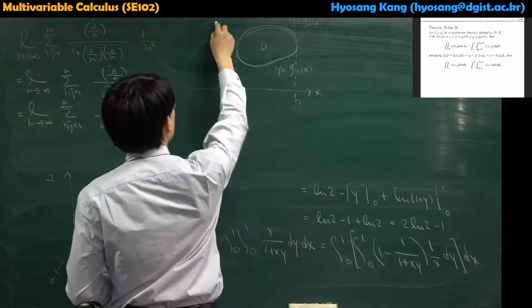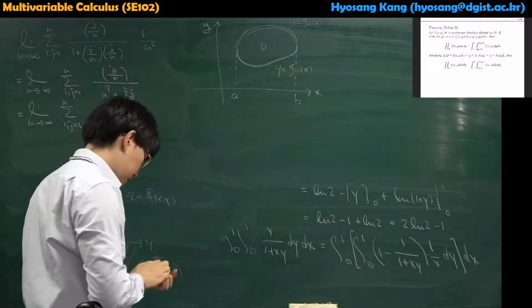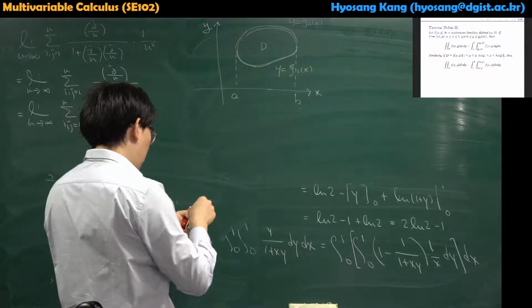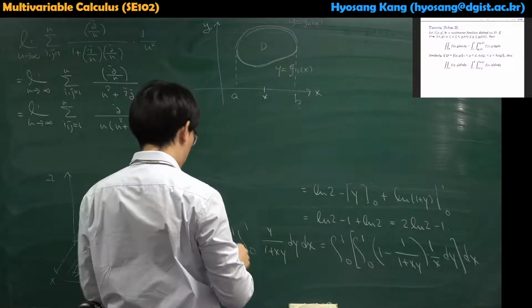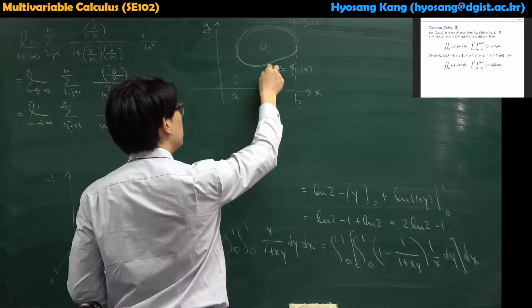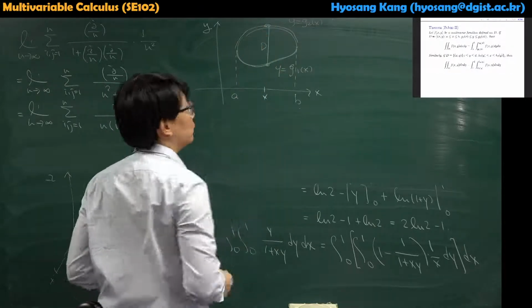This is x and y. At each point x, the y can only range from g1 to g2.